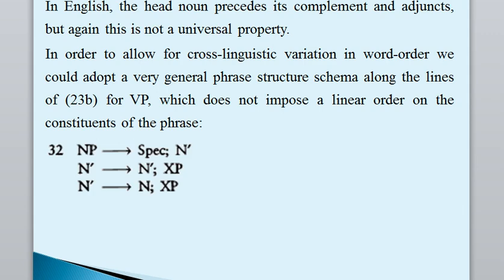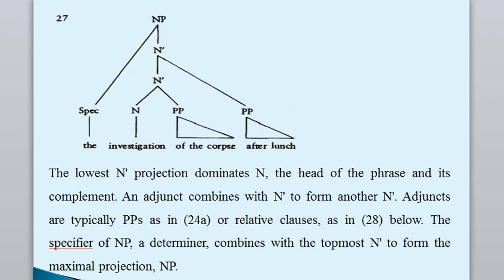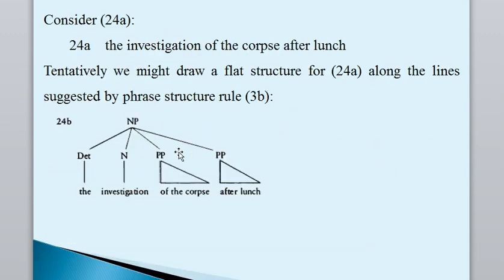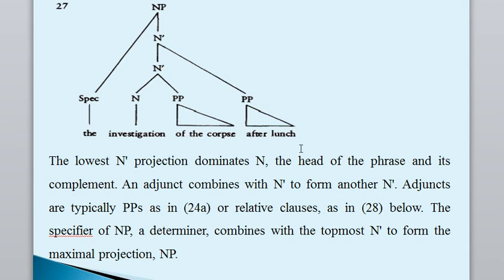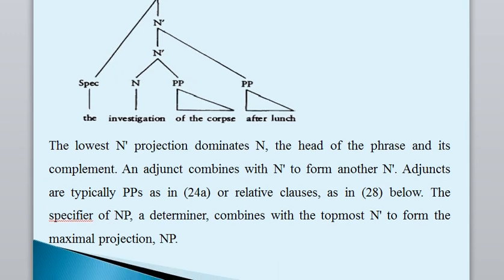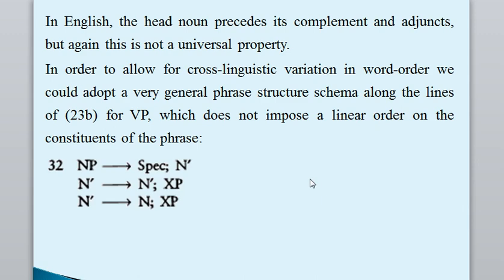The verb phrases. As you see, we can have a flat structure in verb phrase, and we can have a layered structure. Then the noun phrase, as you see here, again we can have a flat structure, and we can have a layered structure like this. And at last, I talked about the variation between languages.